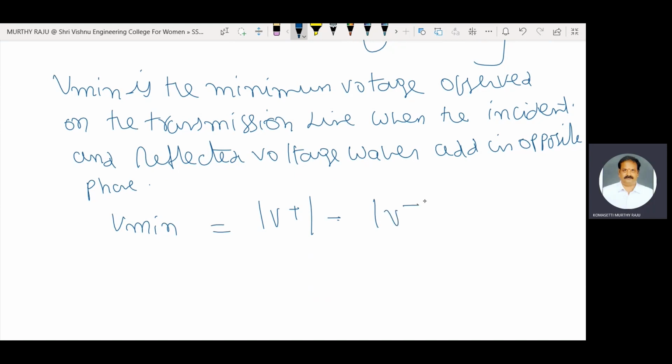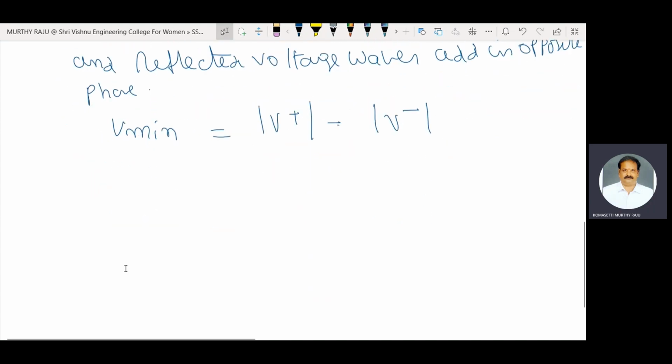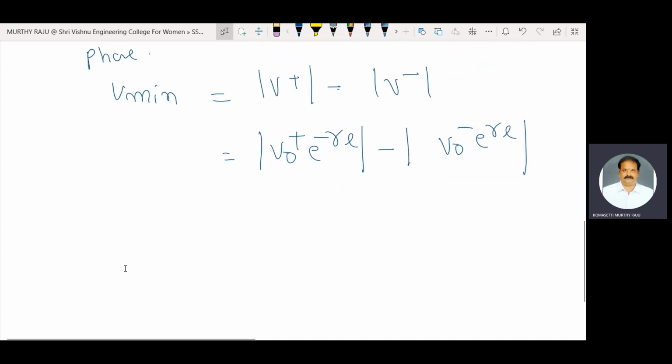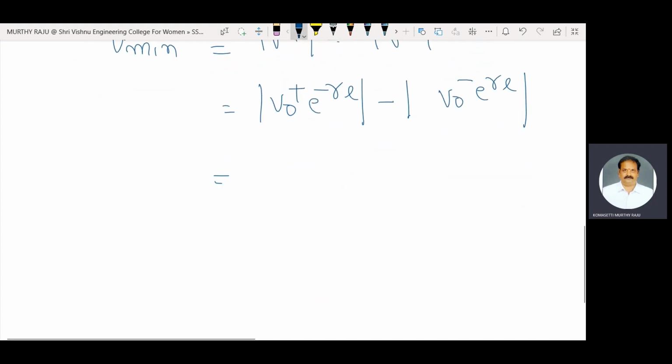Mod V plus is the incident waveform, that is mod V0 plus e power minus gamma L, minus mod V minus, that is V0 minus e power gamma L. Mod V0 plus e power minus gamma L is the common term.